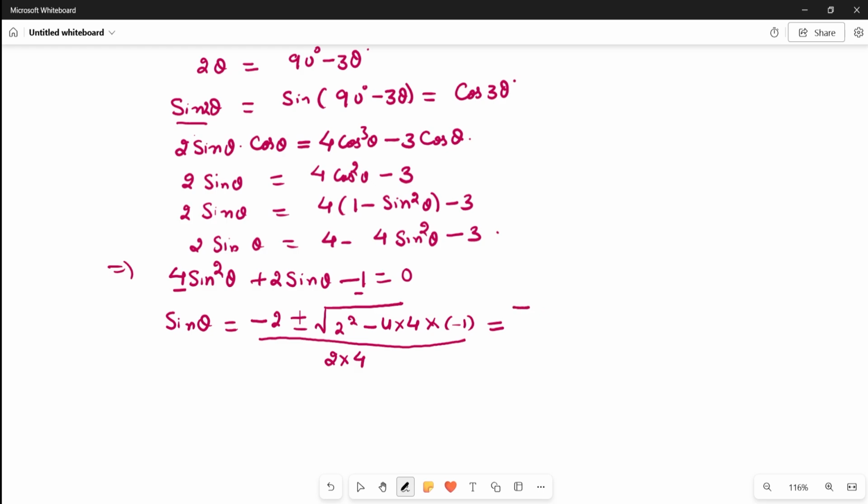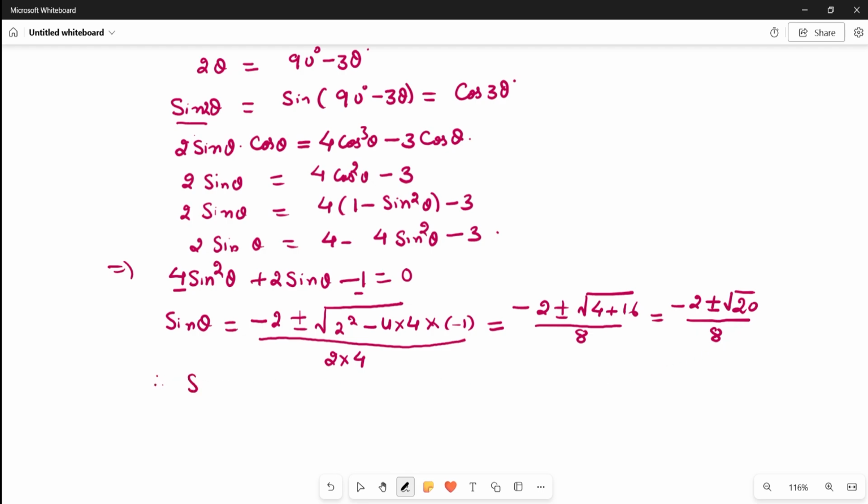So minus 2 plus minus under root 4 plus 16 upon 8, which is minus 2 plus minus under root 20 divided by 8.